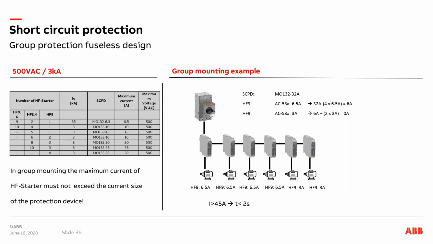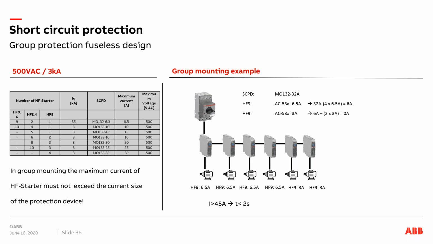We can also do group mounting. If you can see, it is a very compact solution if there are a few motors, and I'm sure you must have come across it if you're an electrical engineer or electrician. Few motors, and you need a contactor and overload. You can basically swap them to this particular design.